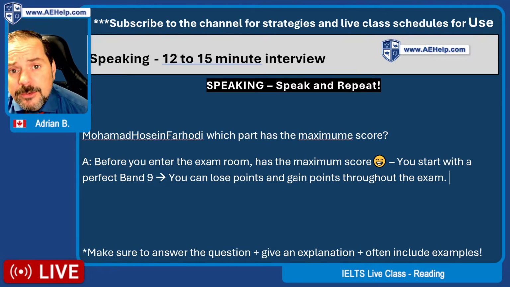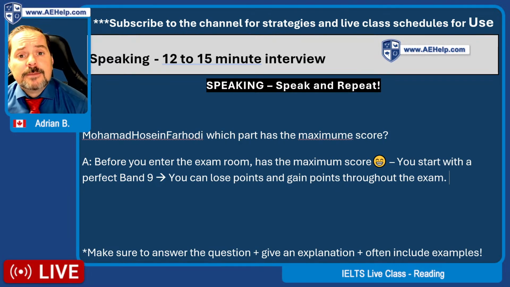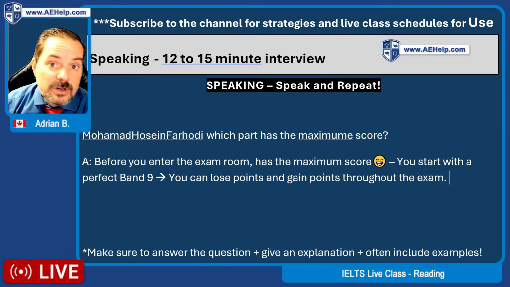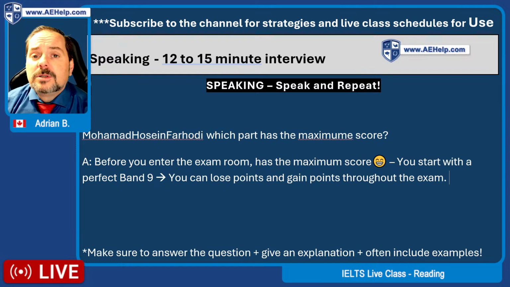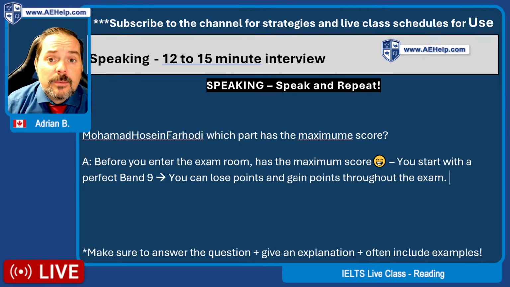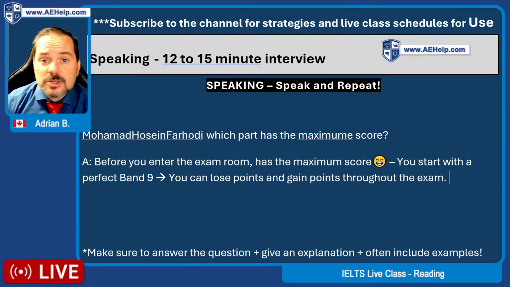Or the other way, you could go in and in part 1 you're really nervous, you're stressed out, you're not a very extroverted person, you're introverted, you're not doing so well, but then you start to get more and more comfortable, and in part 2 you start to speak quite well for the 1 to 2 minutes, and in part 3 you're just doing awesome.